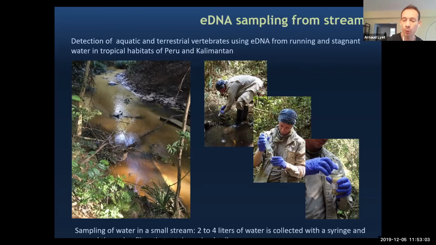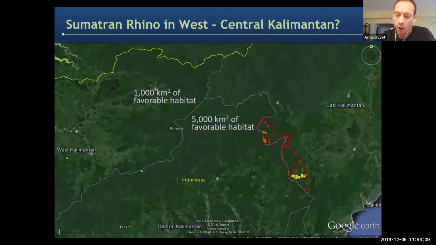So that had a really, really important application for the detection of the Sumatran rhino in West and Central Kalimantan. There is a huge habitat that has never been surveyed yet, and that could really benefit from this new technology.